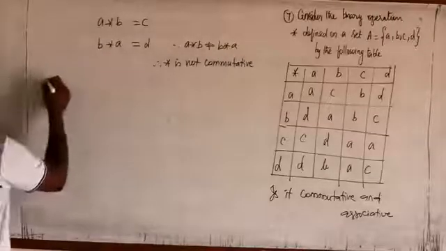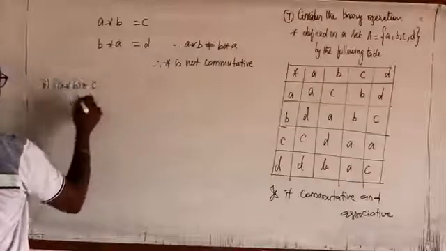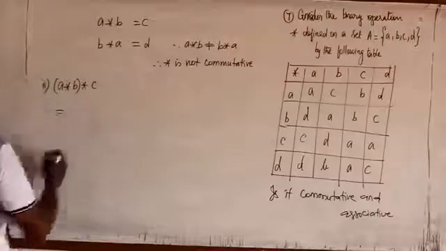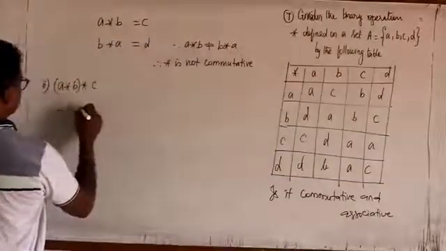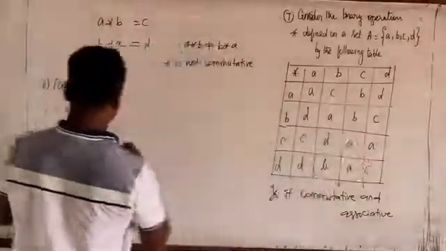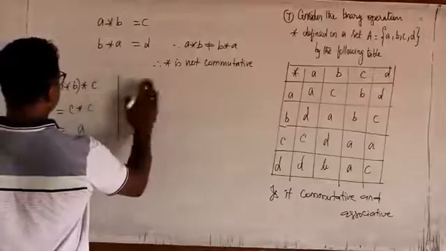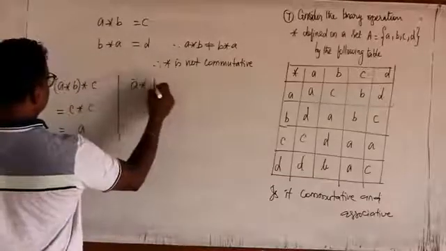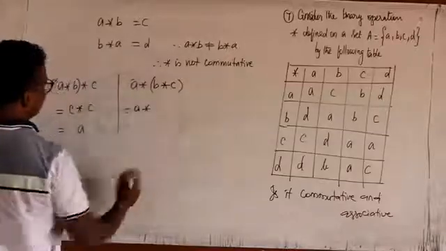Now, the second one, let me check A star B star C. That is, A star B is C. Star C. C star C is A. Now, similarly, let me change the bracket. That is B star C. It is A star.